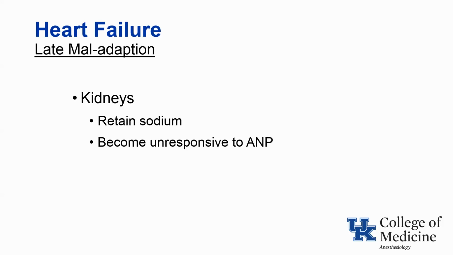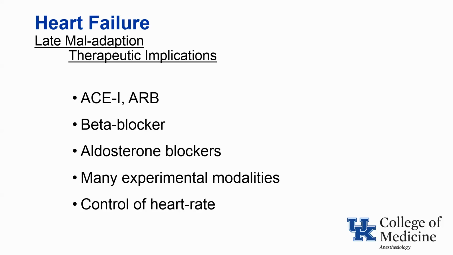Finally, the kidneys malfunction, retaining sodium and becoming unresponsive to atrial natriuretic peptide. Some of the therapeutic implications of these maladaptive phenomena are the use of ACE inhibitors, beta blockers, aldosterone blockers, and other experimental modalities, and most recently, the innovation of controlling heart rate to treat heart failure.